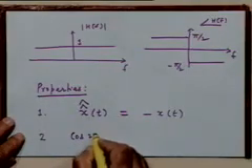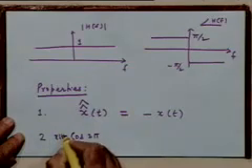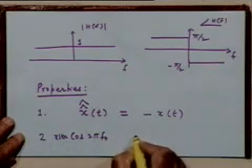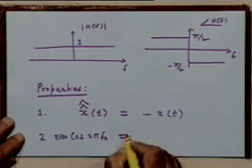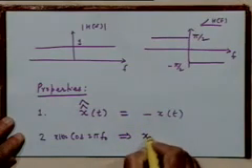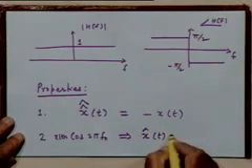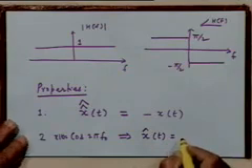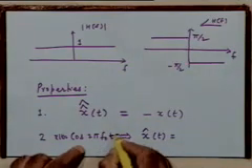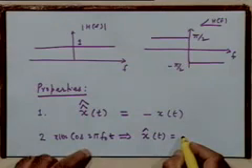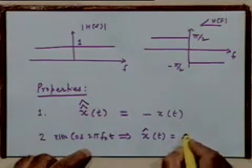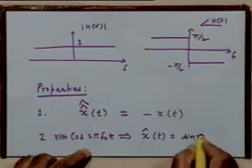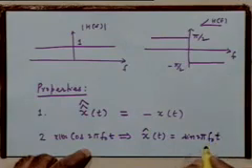Suppose I have a very simple signal x of t equal to cosine 2 pi f naught t. What is the Hilbert transform for this? Sine 2 pi f naught t. What is the Hilbert transform of sine 2 pi f naught t?